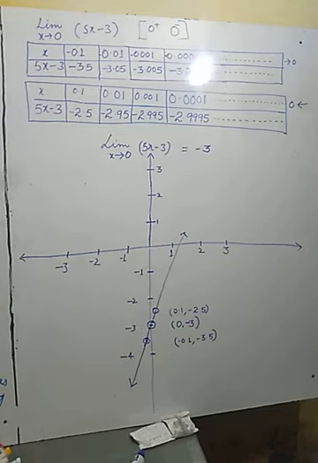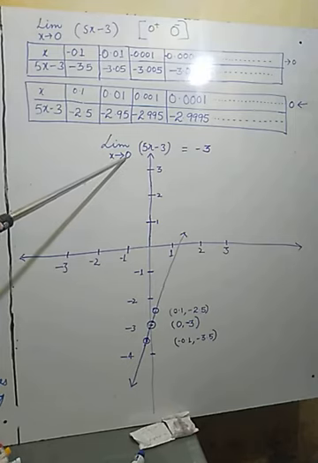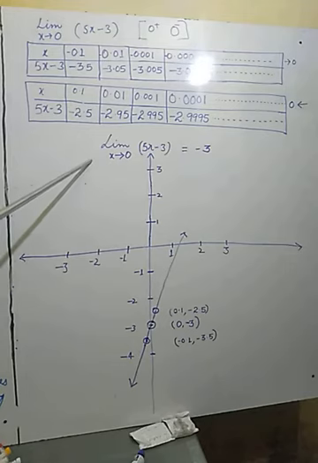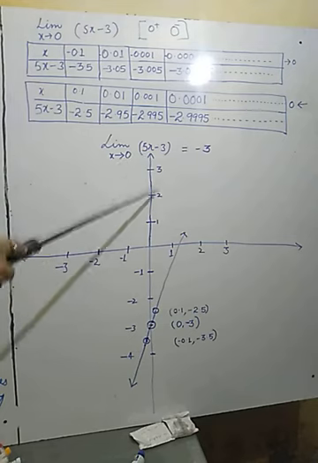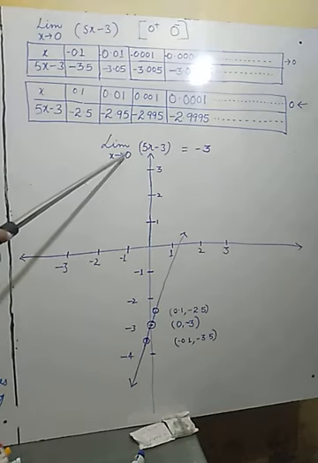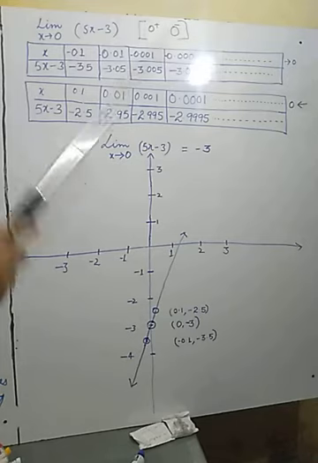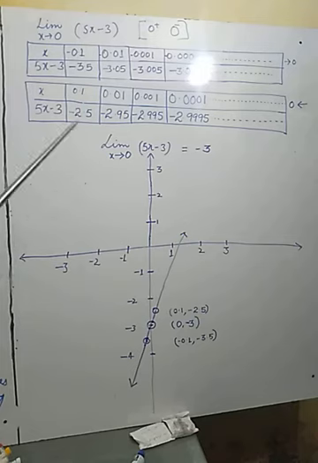So for LHL, the value taken is less than the approaching value. x tends to 0 means one value is just approaching 0 but less than 0, and the second value is greater than 0, a little bit greater than 0 on the right hand side, and that is the right side of 0, so that is the right hand limit.